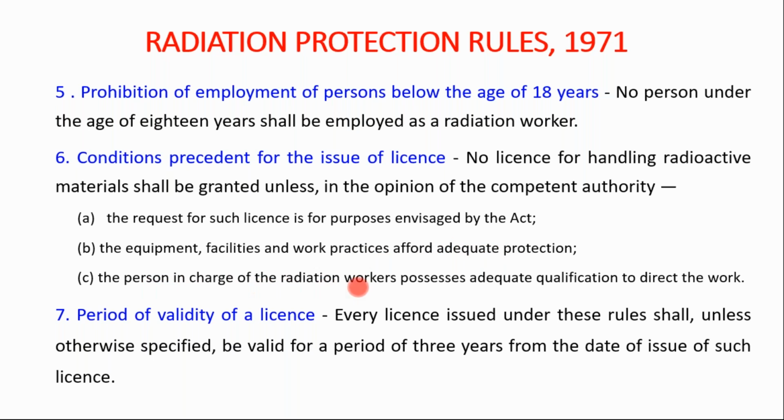The person in charge of the radiation worker possesses adequate qualification to direct the work. So that person should have the knowledge about what exactly the radiation is, what the radiation sources are, how to protect people from the contamination or from the leakages of this radiation, how to seal the radiation sources, how to use the unsealed sources for manufacturing, storing or other activities, and in case of any radiation accident, what will be the action.